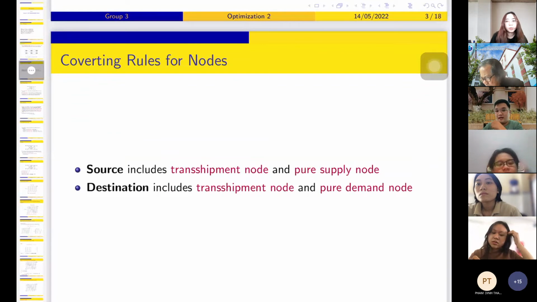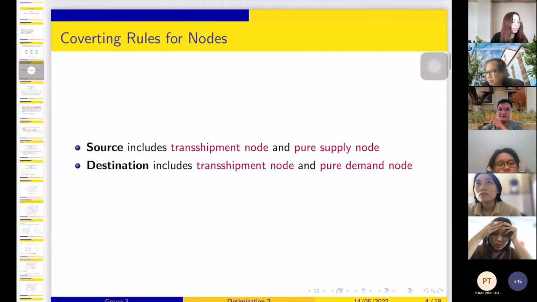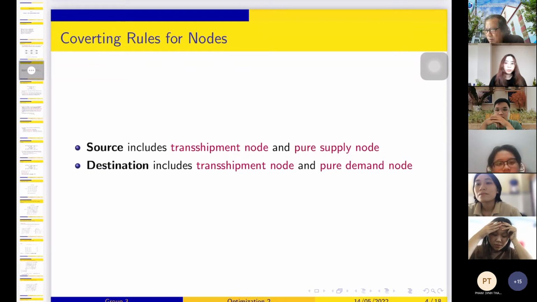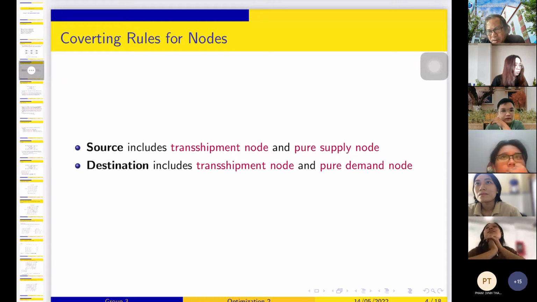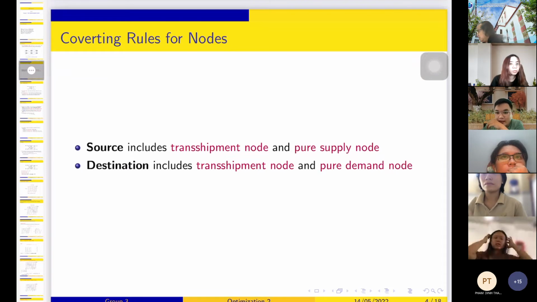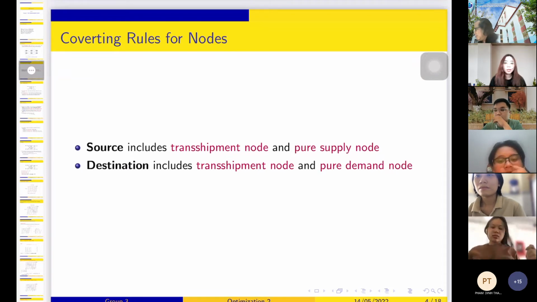In the transshipment model, we will have the source and destination, where source include transshipment node and pure supply node. Destination include... How you read? Transshipment, I think that's not correct. Transshipment is one S or double S? Very terrible.